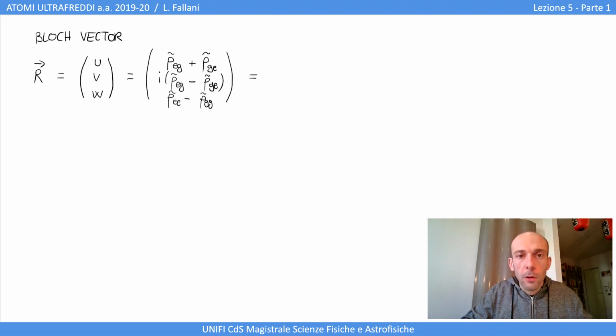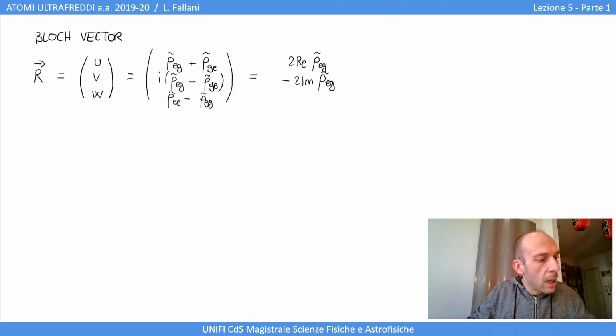So the first component is 2 times the real part of the coherence rho EG. The second component is minus 2 times the imaginary part of the coherence rho EG tilde, while the third component is the population difference that we denoted as delta rho.